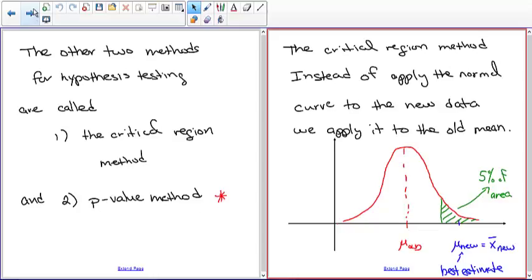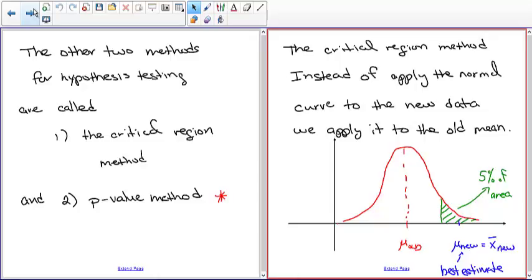The way this changes is that now, instead of having the distribution around the new sample mean, we do the distribution around the old sample mean. And we assume that the standard deviation of the old process is equal to the standard deviation of the new process. So it's kind of the same relative thing.